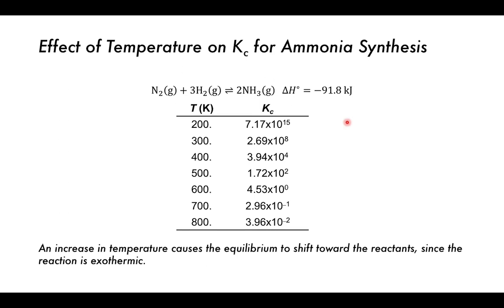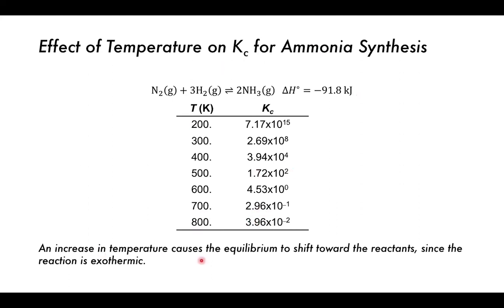So the effect of temperature on Kc for ammonia synthesis. If we do it at low temperature, like minus 80 Celsius, 200 degrees Kelvin, we have a very, very high Kc value. But if we do it at high temperatures, we have a low Kc value. That's because this reaction releases heat.